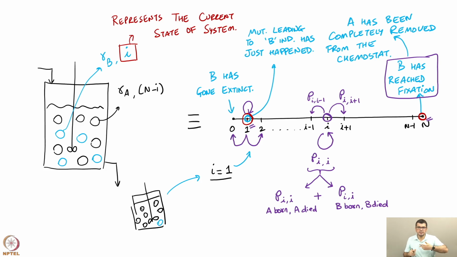Now, if it takes this backward step, then the game is over, because then there was only one B-type individual in the population, and that one B-type individual has been washed away before it could even divide. So, you are back to a position where I is equal to 0, and once the B-type individual is lost, it's lost forever, because under this framework we are not permitting any new mutations.